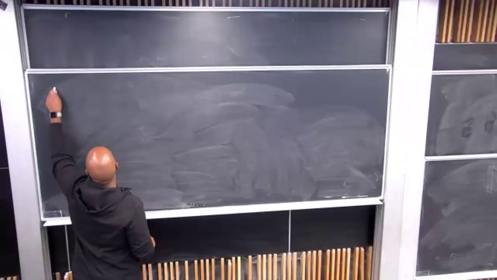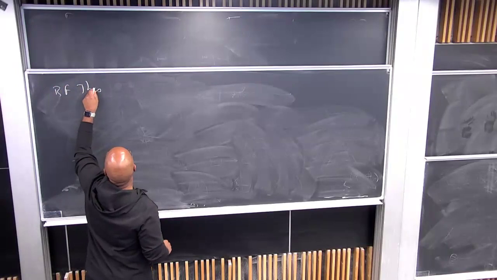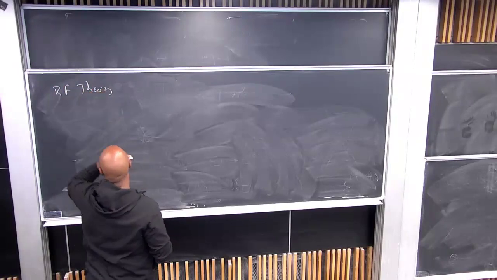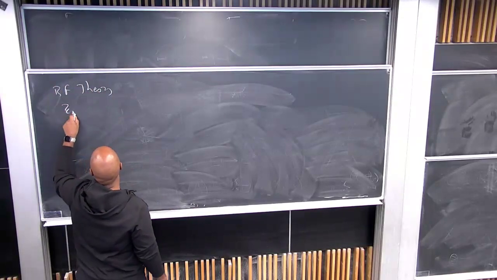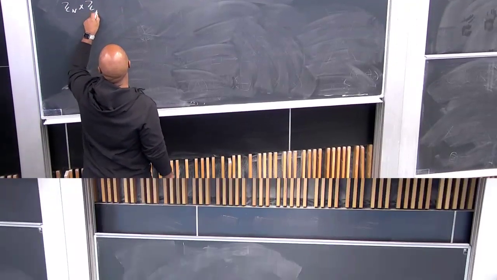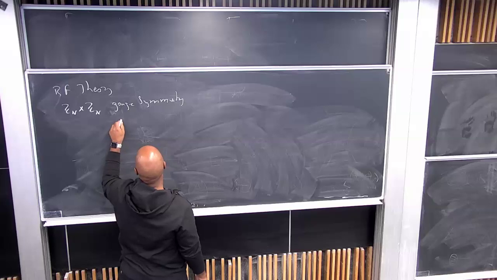BF theory. And this is a topological field theory with a Zn times a Zn global symmetry, gauge symmetry. And also a Zn times Zn global symmetry.